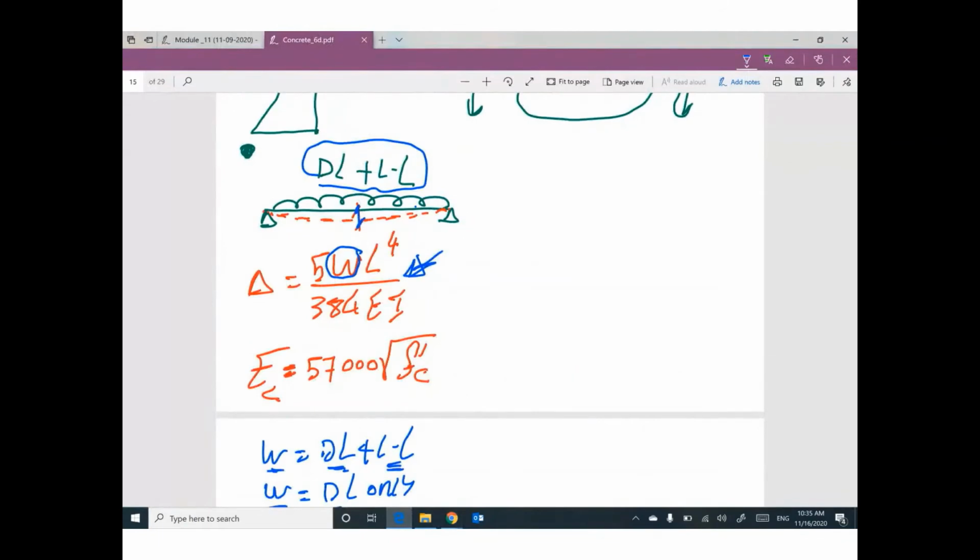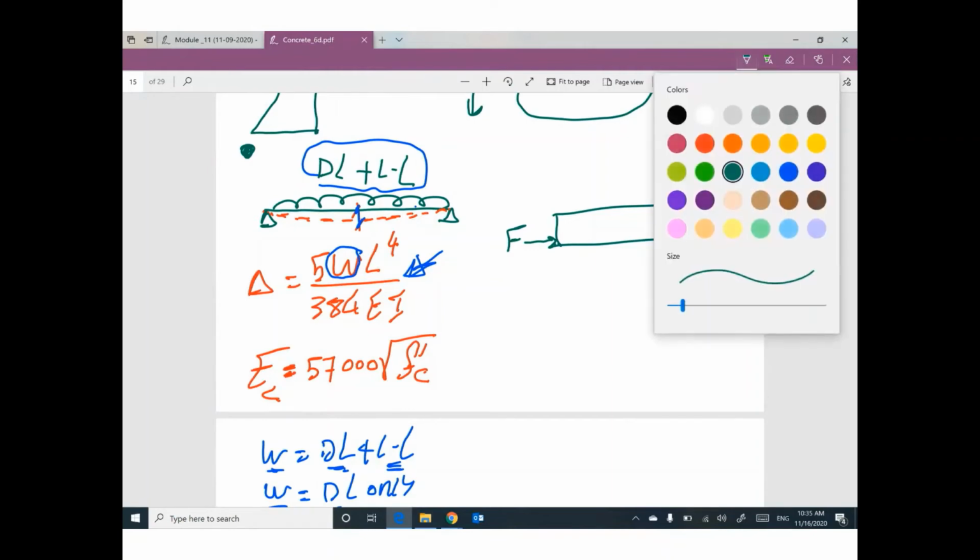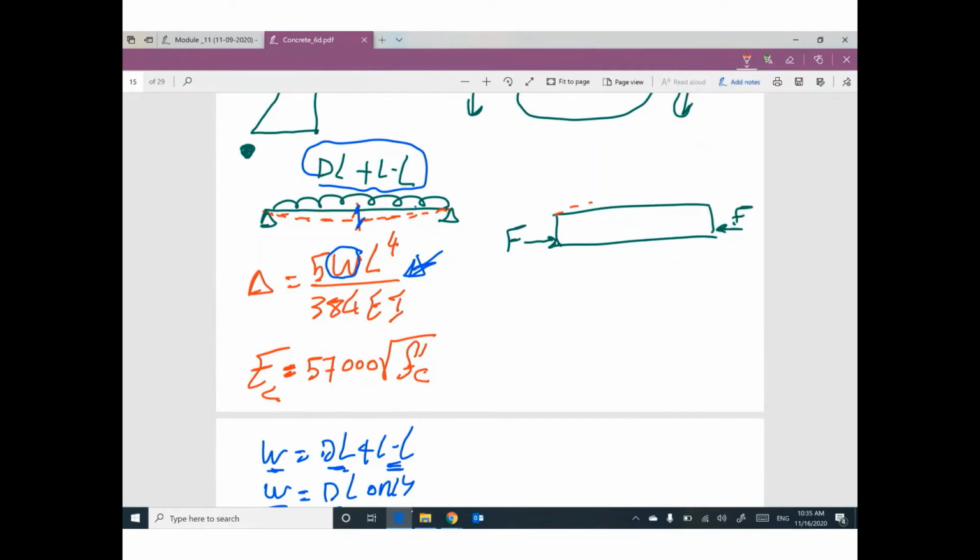If this beam is under the effect of external post tension, we have initial camber, upward deflection. This one was downward deflection.